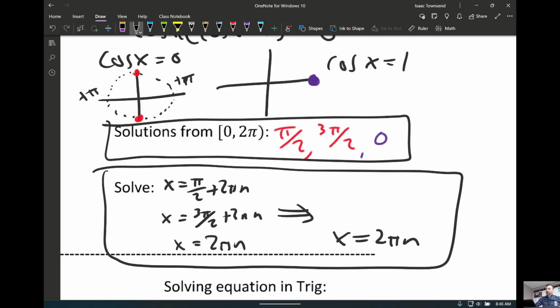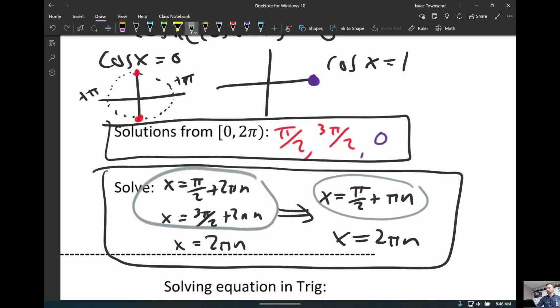So if you'd rather write both of those, you could say just start at pi over 2 and just add pi instead of adding 2 pi. This is saying the same thing as both of those because it's going halfway around each time. It's only adding pi each time instead of adding 2 pi. So again, these two on the right is how it would look in the back of the book.